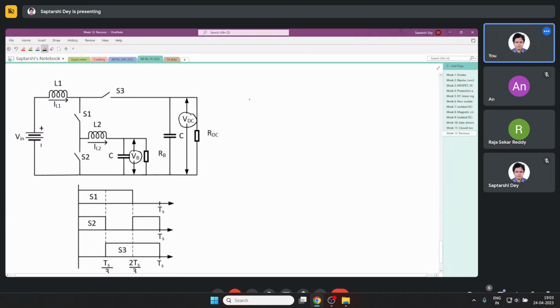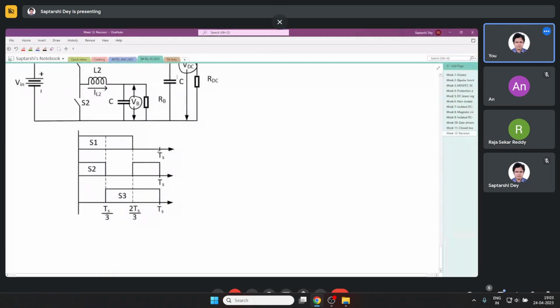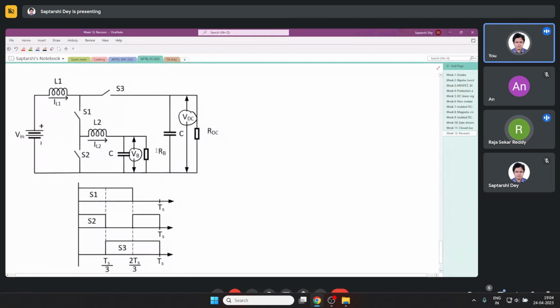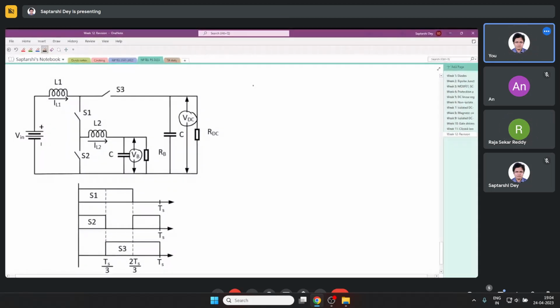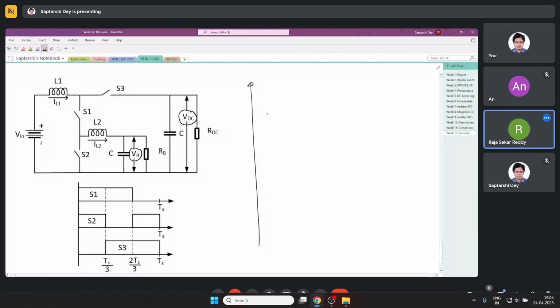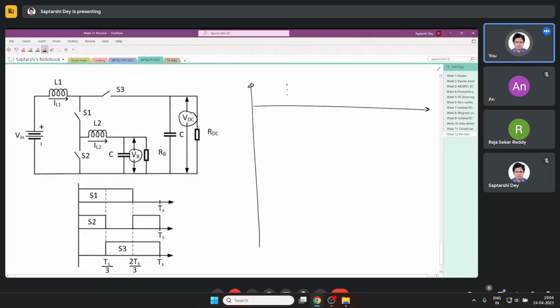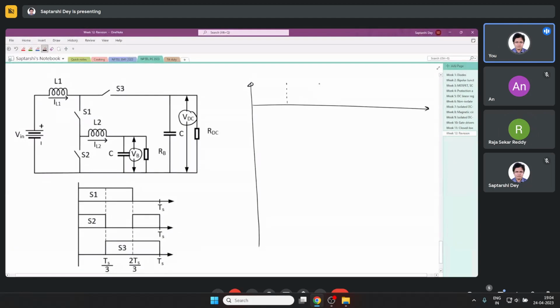Let me draw it once again, otherwise the circuit will go away. There are three switches, and the whole time period is divided into three parts. I'm not drawing this once again, I'm just writing.